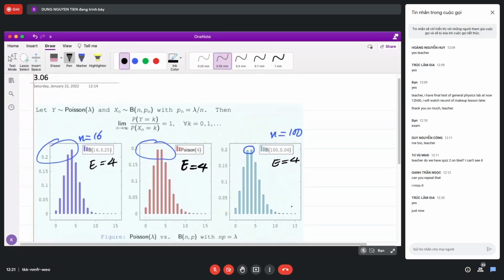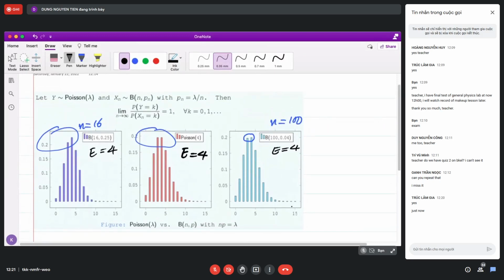So perhaps let me go over this slide a little bit. Now I want to talk about the approximation property. We have three distributions here, right? The three distributions have the same mean values. The second distribution is a Poisson distribution with the parameter lambda, so the mean is lambda, which is 4.